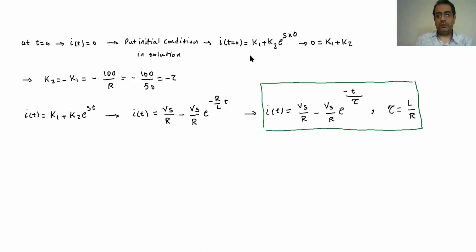whatever we have. So for this specific problem, I of t becomes, as I said, Vs is going to be 100, R is going to be 50, negative 100 divided by 50, and e to the power of negative t divided by L over R, which L was 0.1, divided by R, which was 50.